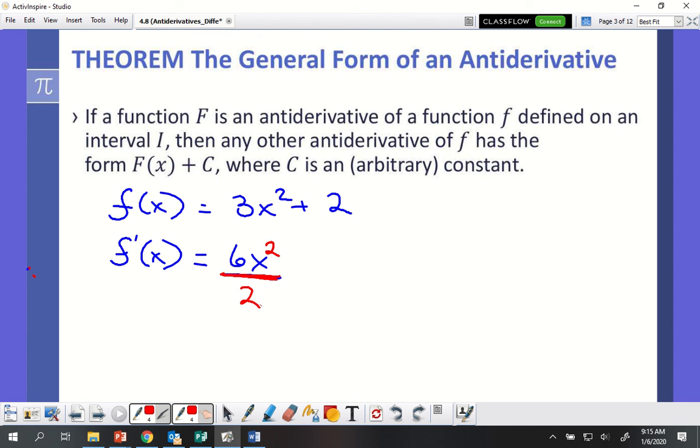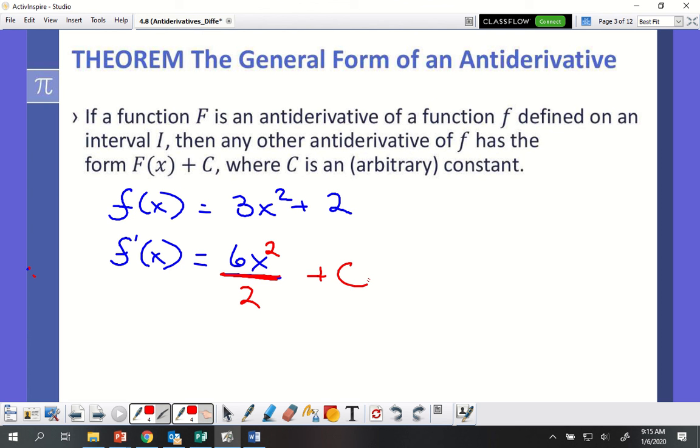But now when I do the antiderivative, how would I get the 2? Remember, the 2 just drops off when I take a derivative. You add c. That's where I get my plus c, because you cannot figure out the number, since the derivative of 2 is 0. So we know that it's going to be some arbitrary constant.